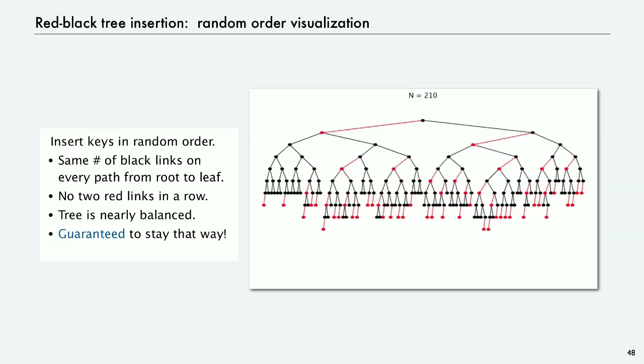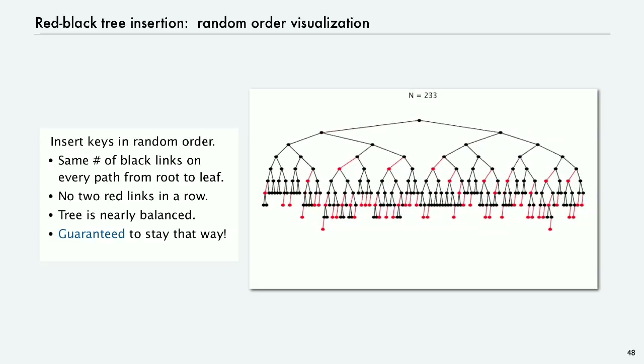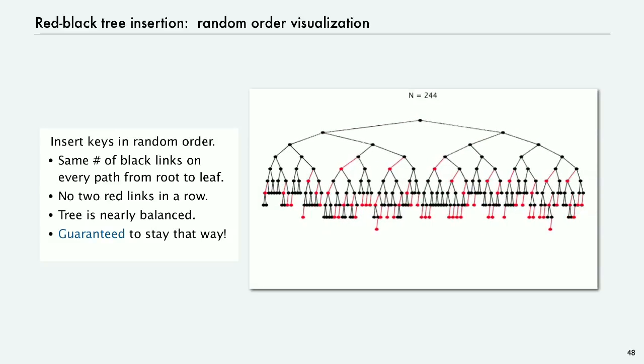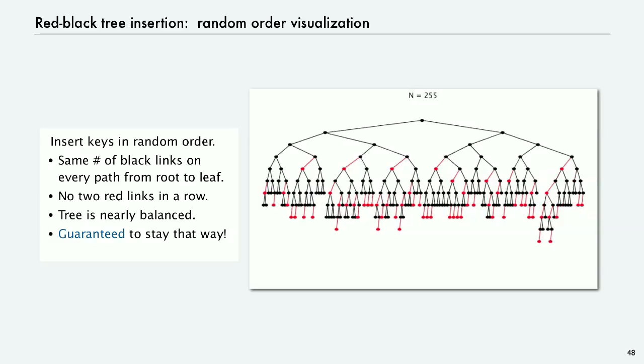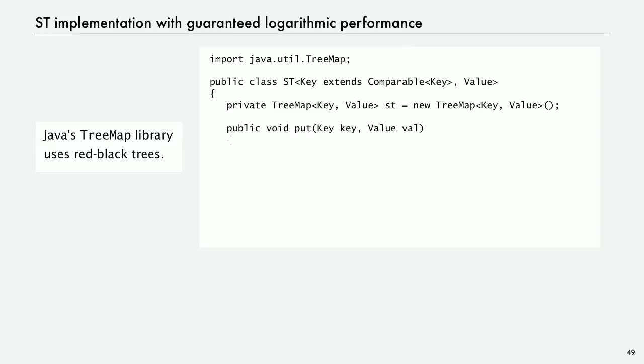So this really does implement the performance benchmark. No matter what order the keys come in, we can guarantee logarithmic performance for all the symbol table operations. And not only that, it's based on ordering in the keys, so we can do more sophisticated extensions to the basic API, like finding the kth largest key and other things like that. And that's, again, what's used in Java's TreeMap library.